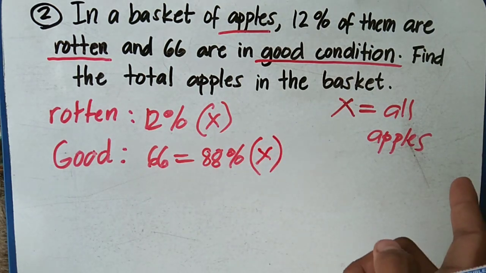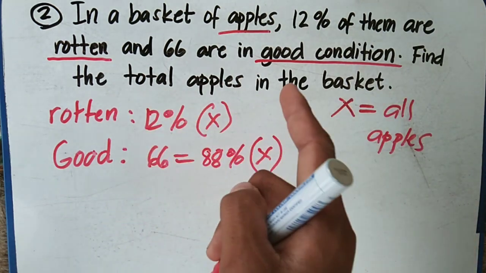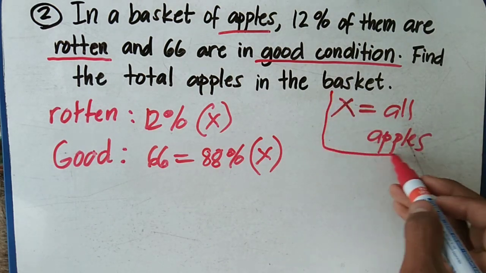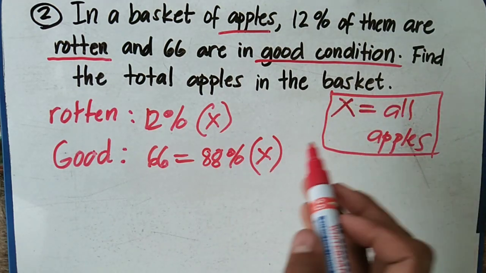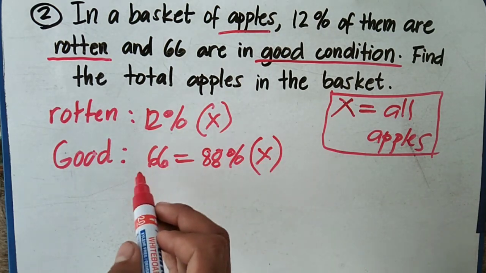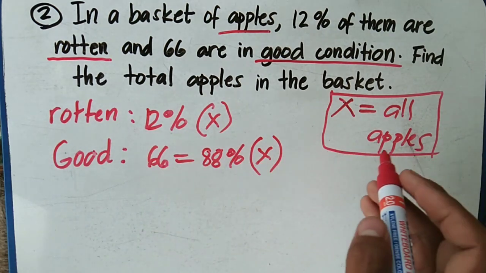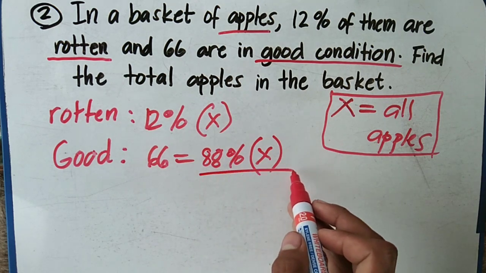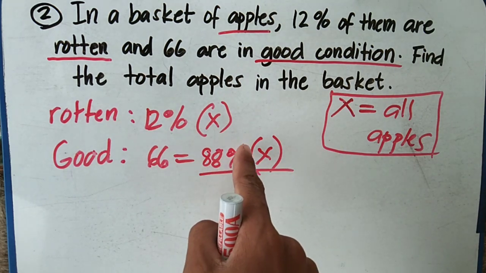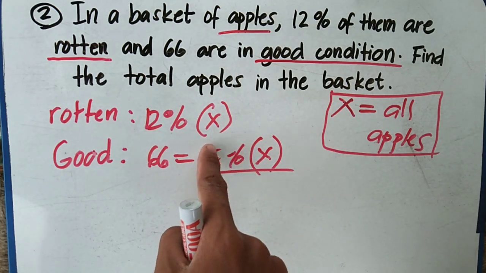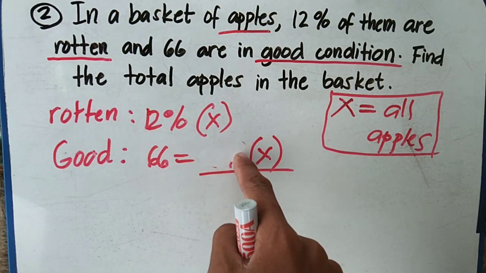And now, ang hinahanap is find the total apples, X. Ang gagawin natin dito, isolve natin muna to. Then, solve for X. Divide both side by, ang gagawin muna natin, 88% is convert to decimal. Magiging 0.88.